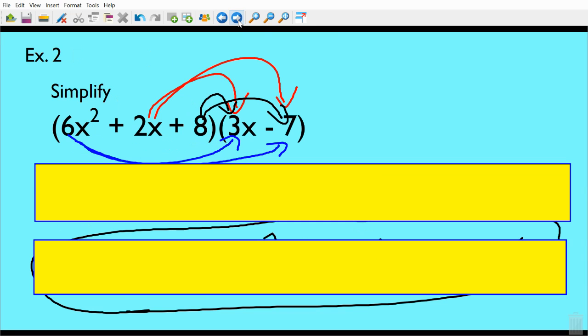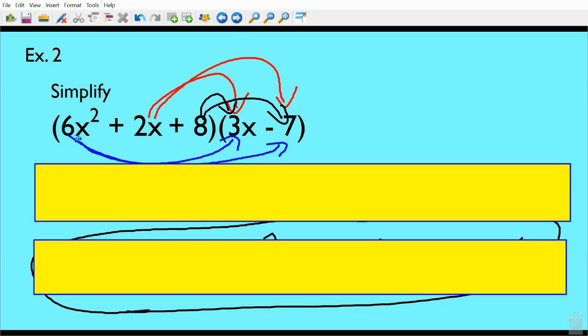All right, the next thing you're looking at here is a trinomial times a binomial. Now this is where FOIL doesn't work, because first, outer, inner, last is 4 things. Well, here we have 3 and 2, and 3 times 2 is 6. So if we just think about these every single time as the distributive property, you should be in good shape.